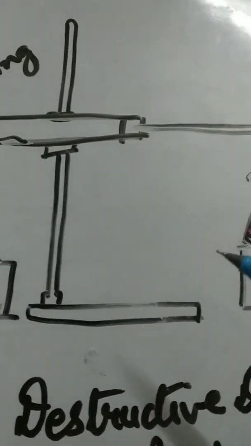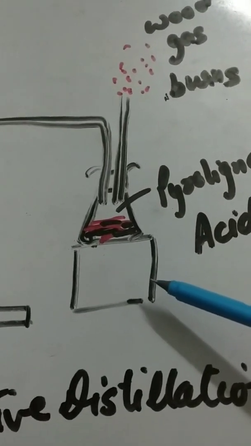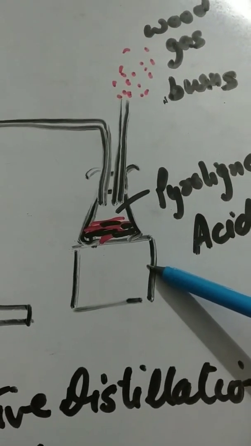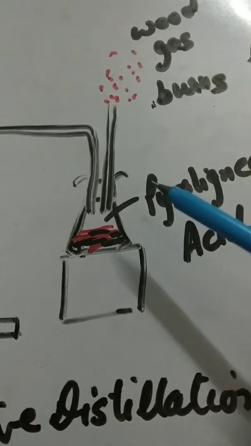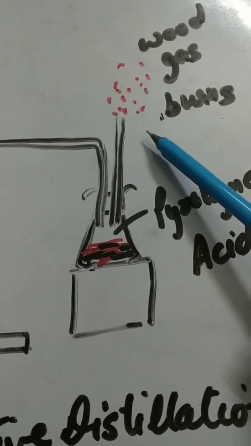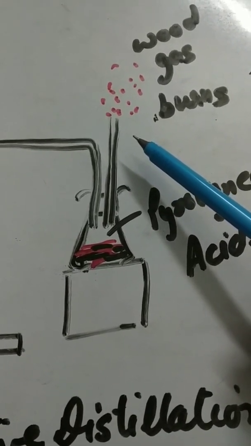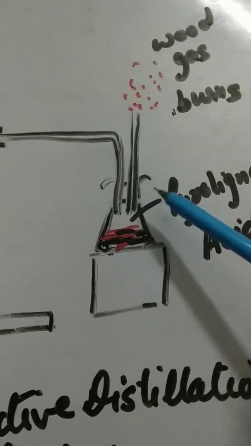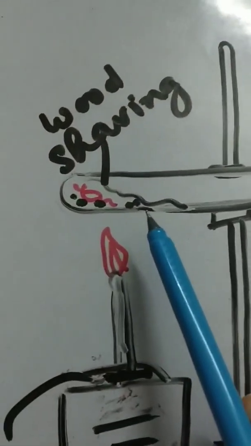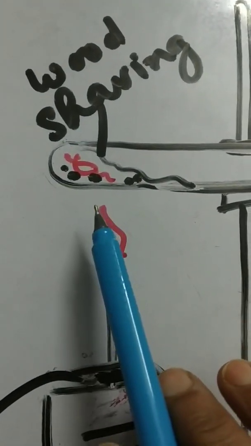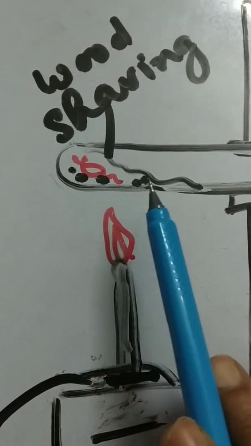Then on another side we get tar, a black colored substance, and pyroligneous acid, and from the upper tube wood gas burns when kindled. When this process is done continuously, residue is left in the test tube, and that residue acts like charcoal.